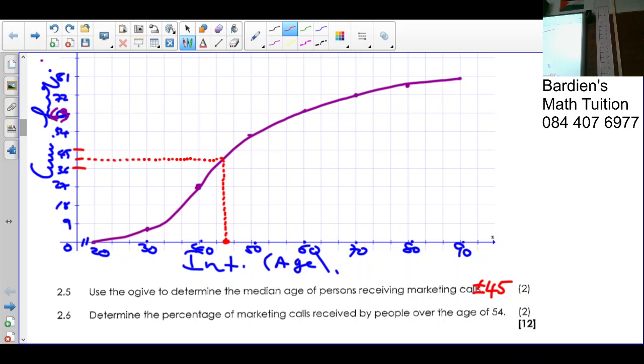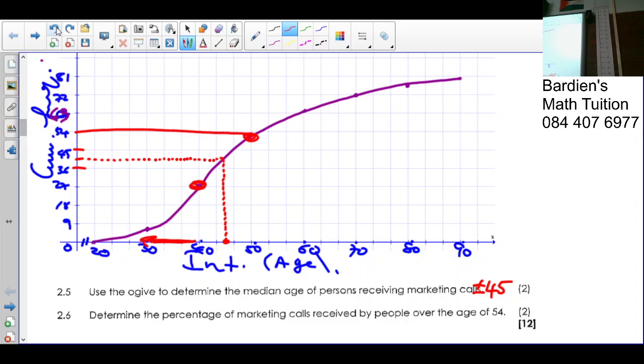A 50 odd? A 39 odd, 30 odd? No. The value that they will get will definitely lie between these two values. Why? Because it has to do with the boundaries of the intervals. Does it make sense?